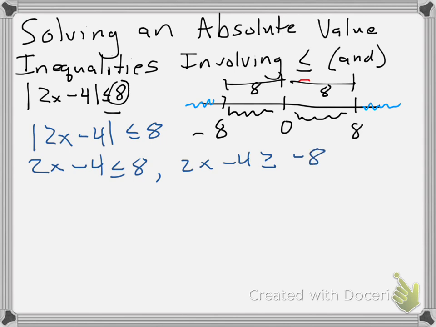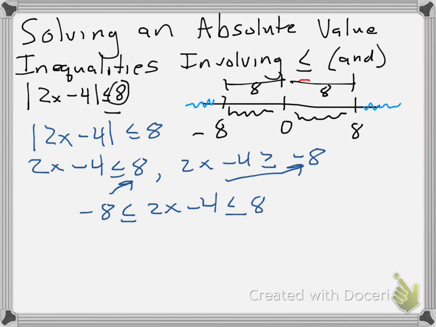Or you can put them all together, and that's how I'm going to do it here. Since we know this one is less than 8, and this is also greater than negative 8, we can write negative 8 is less than or equal to 2x minus 4, which is less than or equal to 8.